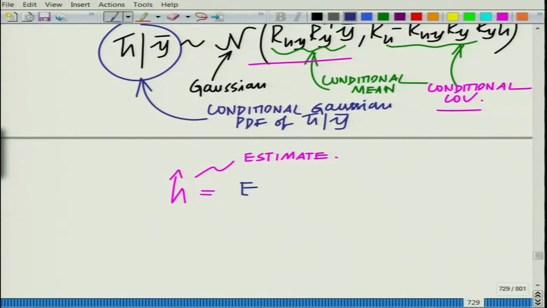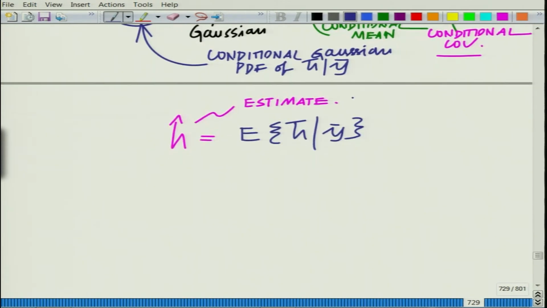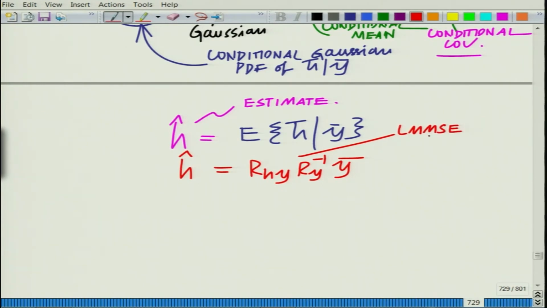We are trying to estimate h bar after observing y bar, and one way to derive this estimate is to set it as the conditional mean of h bar given y bar, that is, the expected value of h bar given y bar, which is R h y into R y inverse into y bar, exactly as the LMMSE estimate.